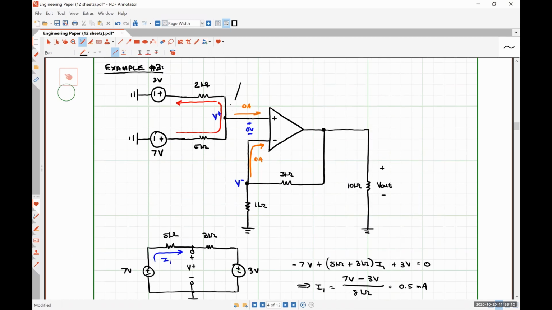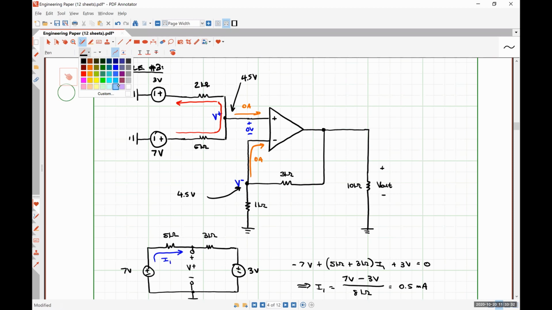So we have 4.5 volts here with respect to ground, which means we also have 4.5 volts here at our inverting input terminal with respect to ground. And now things are going to look very similar to our last example.